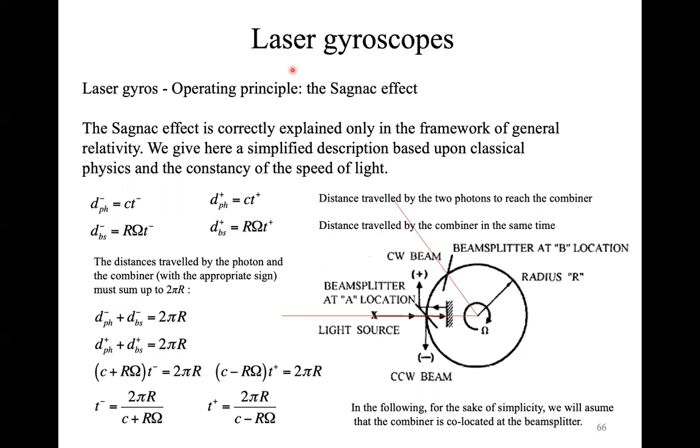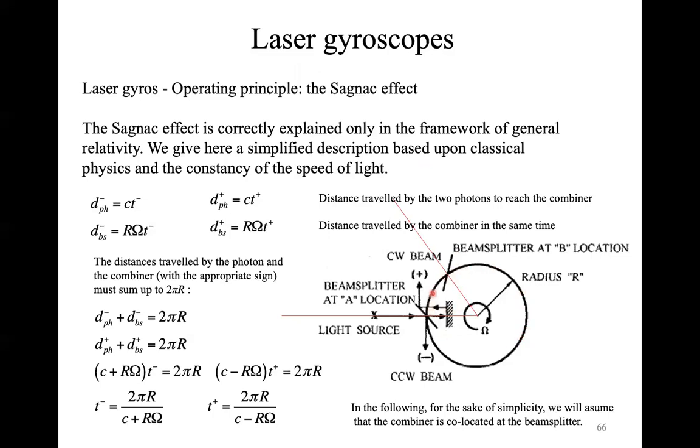What is the Sagnac effect? It's not related to what you had for mechanical gyroscopes, in which you are looking at the conservation of angular momentum. Here, you're looking at the fact that the speed of light is the same in all inertial reference frames. So assume that you have this path here.